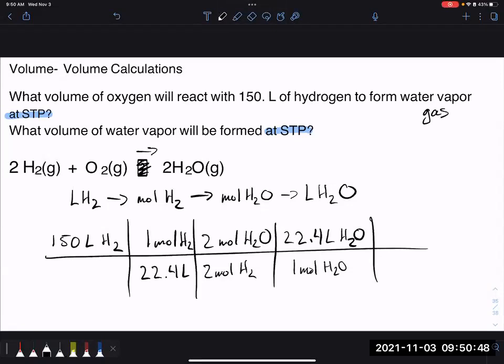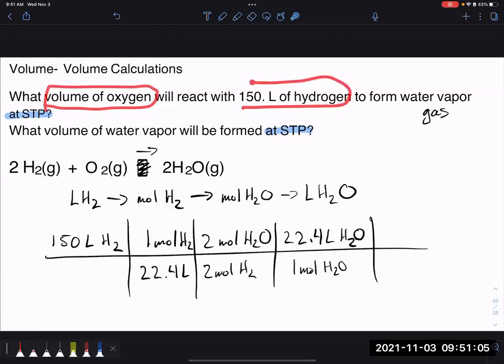Oh, well, I see I misread this question a little bit. There are 2 parts to this question. The first question was what volume of oxygen will react with this hydrogen? So we can do that next.